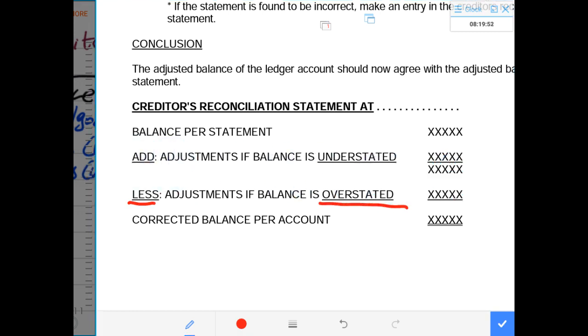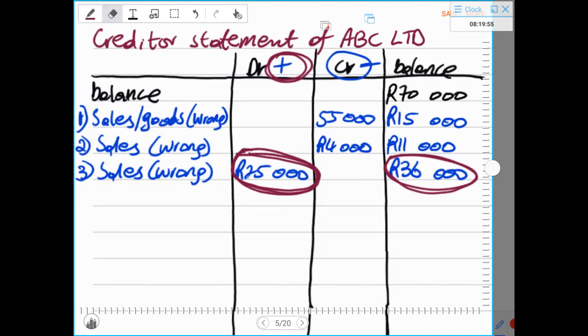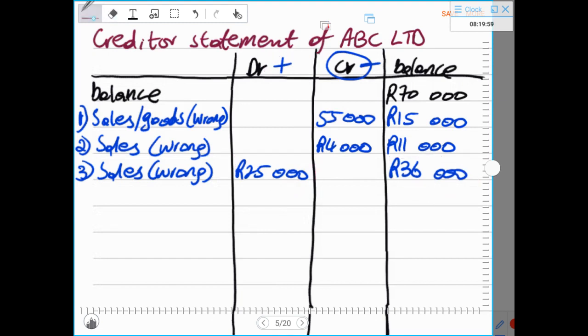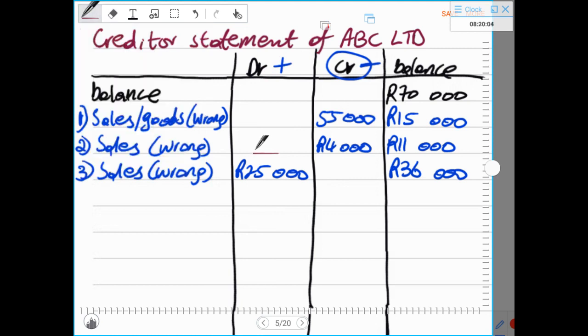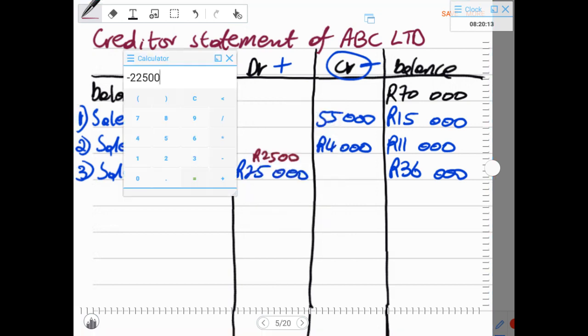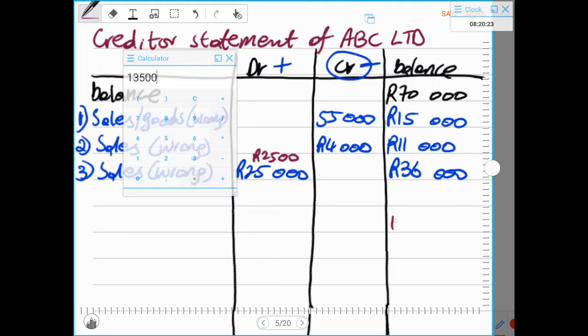So now let us go and check. We say our balance is overstated. Let us ask ourselves how much the balance could have been if the right amount was recorded. If the right amount was recorded, it would have been 2,500. Had we recorded 2,500, how much would the balance be? We previously had a balance of 11,000 plus 2,500, so the correct balance was supposed to be 13,500.